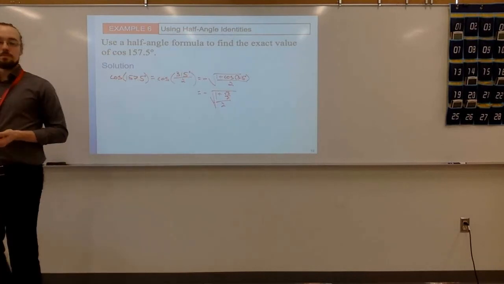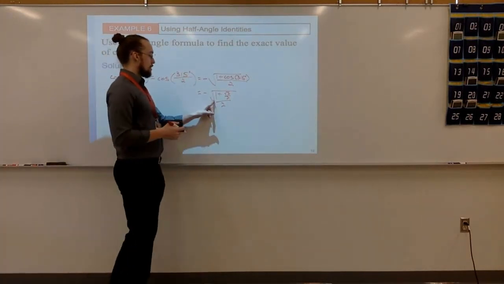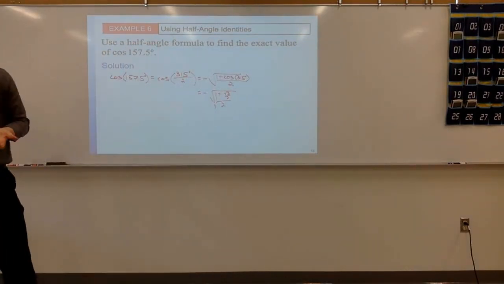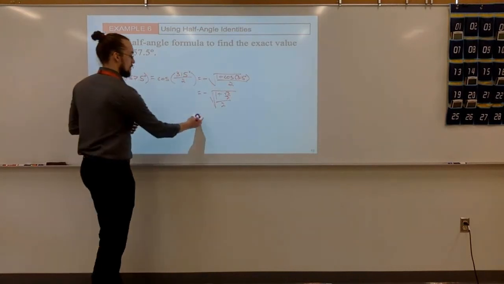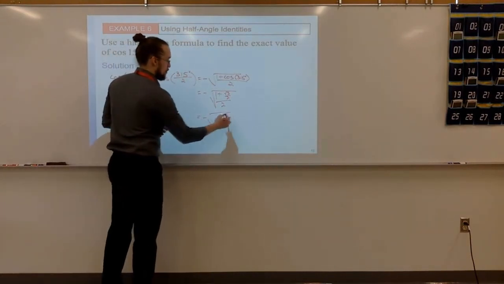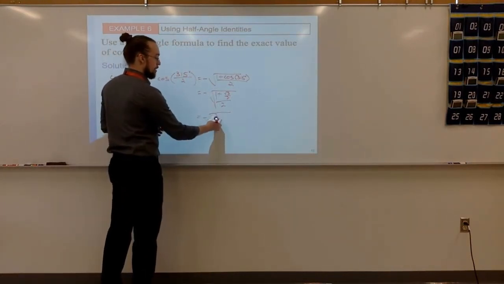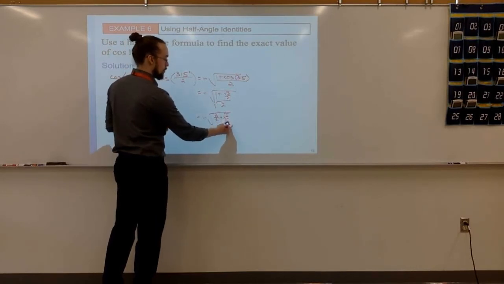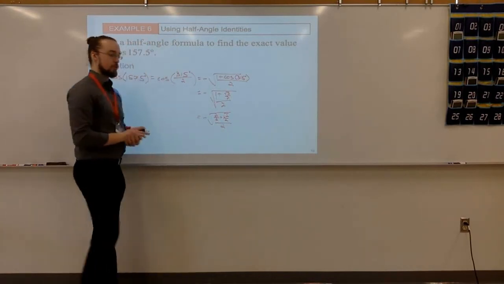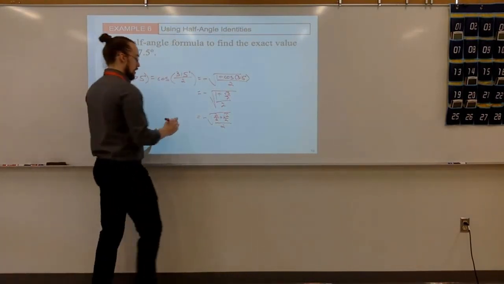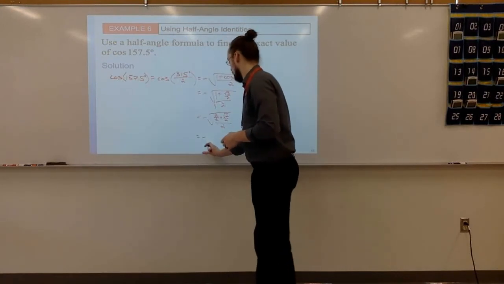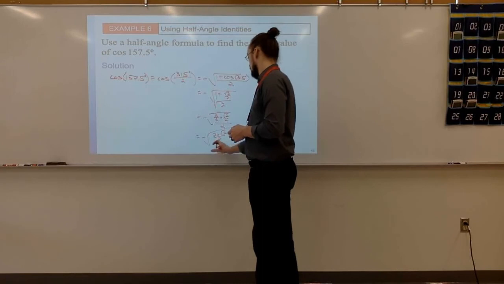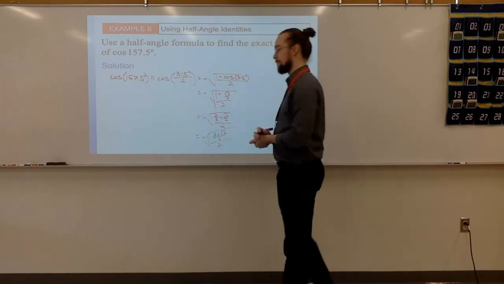We can start a few different places, but we could start by combining our terms in the numerator. To do that, I would need common denominators, so we can make this 2 over 2 plus the square root of 2 over 2, all over 2. So we end up with 2 plus the square root of 2 over 2, all over 2.